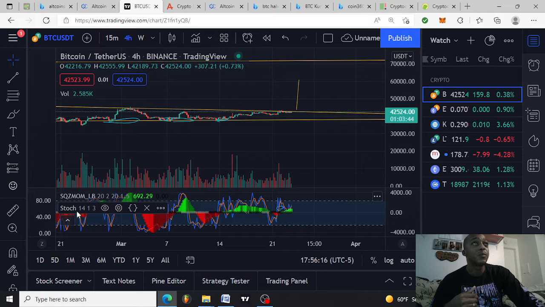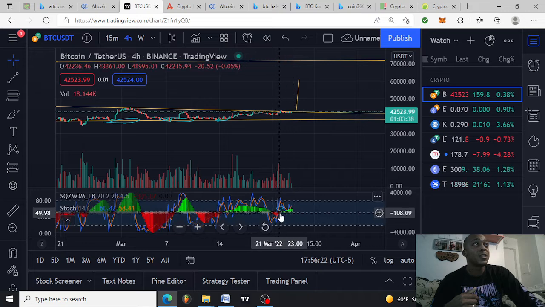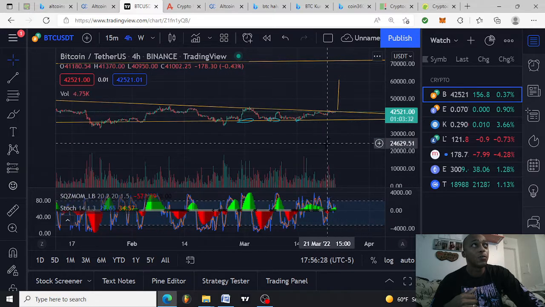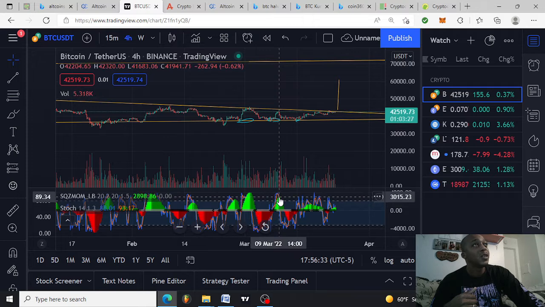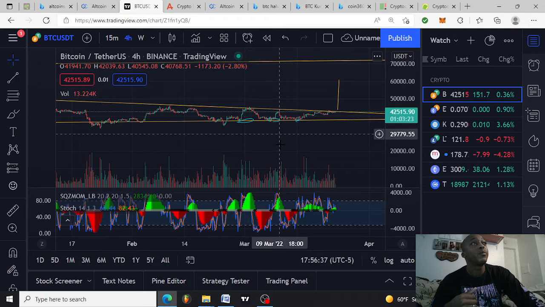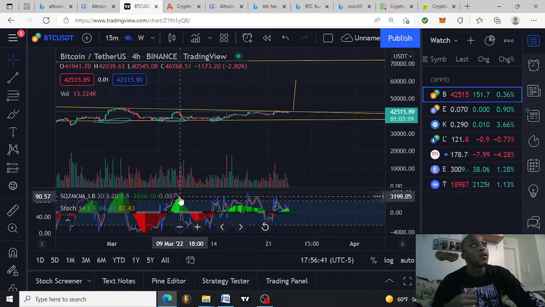The squeeze momentum indicator represents, what I want to say is, the amount of price action. When it's starting to go up, look at this: when the squeeze momentum was all the way up here, the price of Bitcoin was up here. But when it started rounding off at this top level, the price was going down.